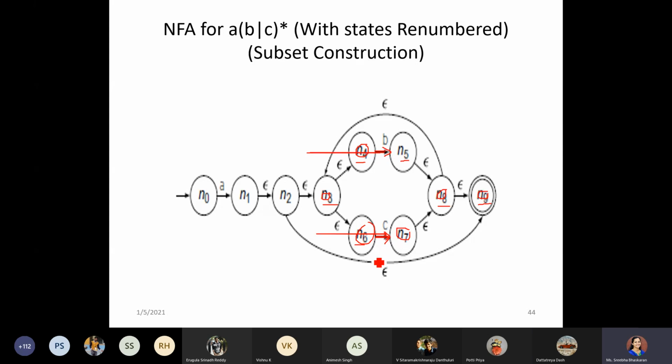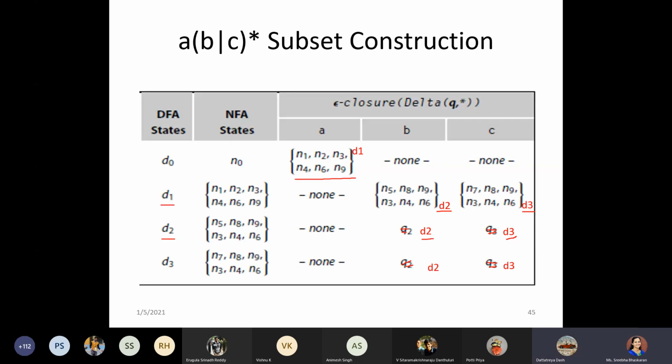Again lambda transition comes here, so N3, N4, N6, which is nothing but D3, which we have named. For A according to D3, we end up with null. Previously we were writing it with the phi notation. Remember? Null.